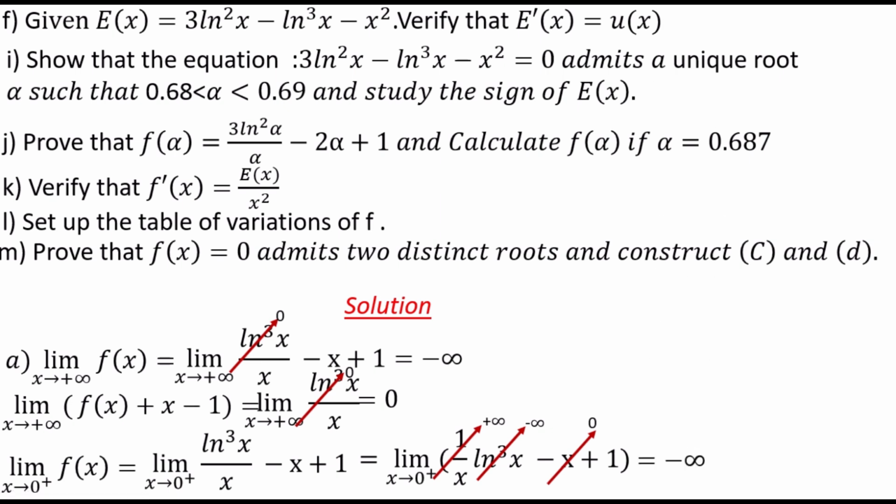The asymptotes, in part B, we are going to write the equations of the asymptotes. Here as x goes to plus infinity, f goes to minus infinity, possibility of oblique asymptote. The limit of f of x plus x minus 1 equals 0. Then we conclude what?